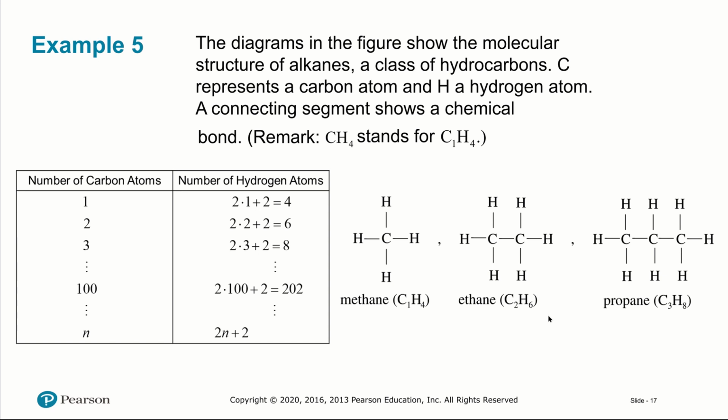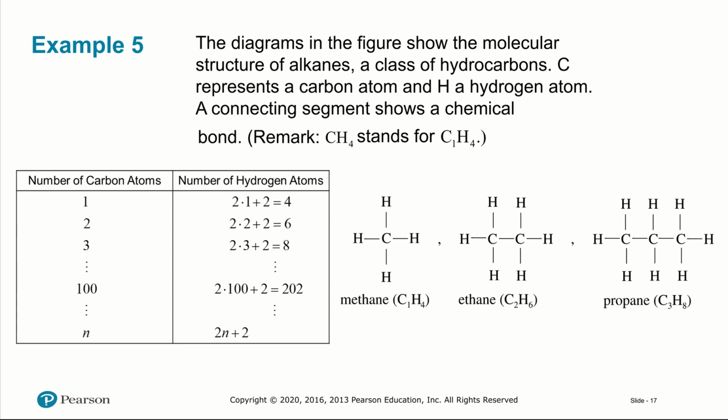So in each case, notice that the number of hydrogen atoms is going to be twice the number of carbon atoms, and then add another 2 for the sides, right? Same here, notice. So 3 carbon atoms, each gets paired with 2 hydrogen atoms above and below, and then 1 on each side. So again, notice the relationship.